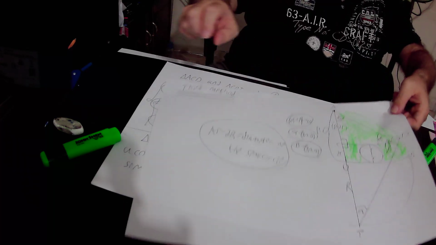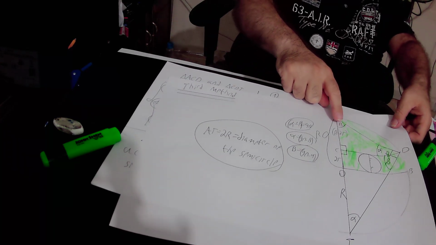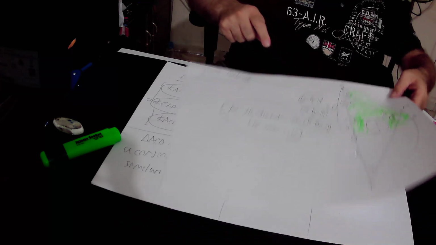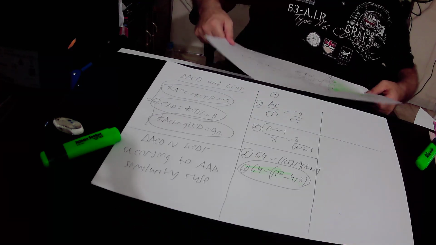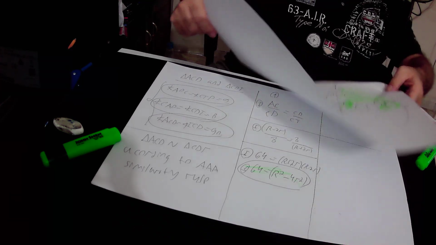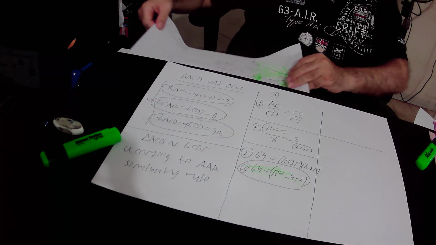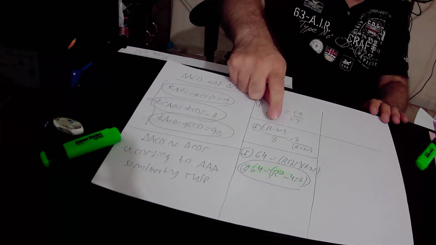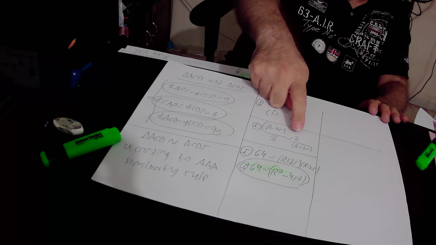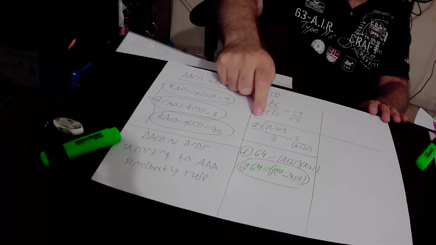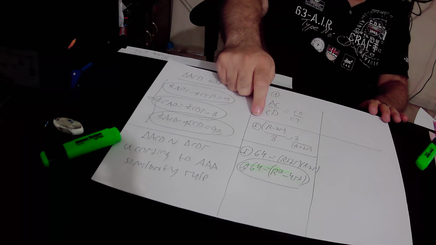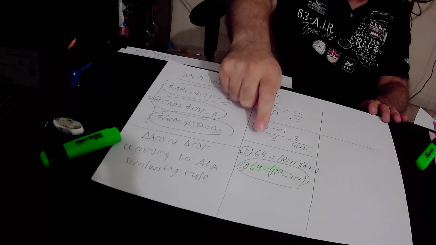AC equals capital R minus 2R. CD equals 8. And CT equals 2R plus capital R. So in conclusion, capital R minus 2R over 8 equals 8 over capital R plus 2R. We cross multiplied this equation number 1, and found that 8 times 8 is 64.